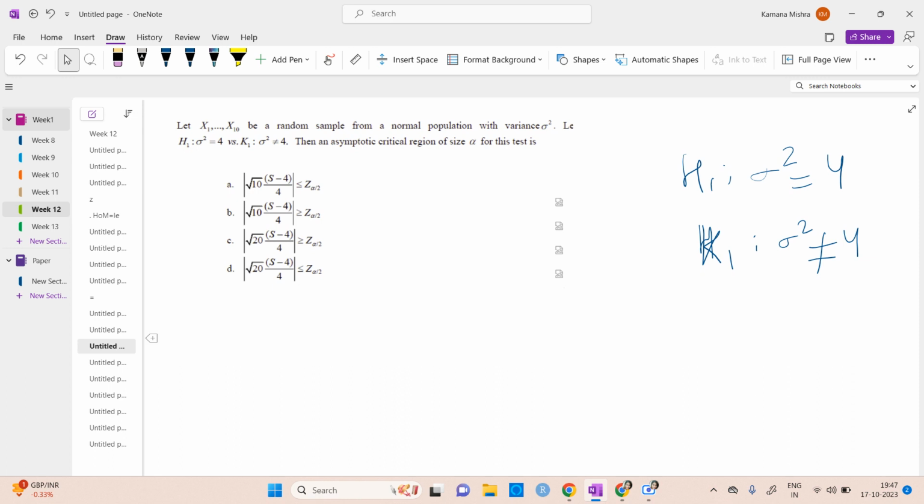This is the test we considered. In the case of sigma square, we generally consider the chi-square test, but sometimes the answer is not given in terms of chi-square.